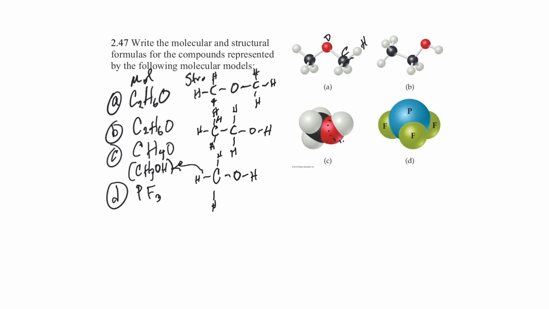But it helps you think it through so that you can translate the molecular into the 3D in your head. Last one, real simple. You've got a P and 3 F's, and they're trying to stay away from each other. Okay, I hope that helps.